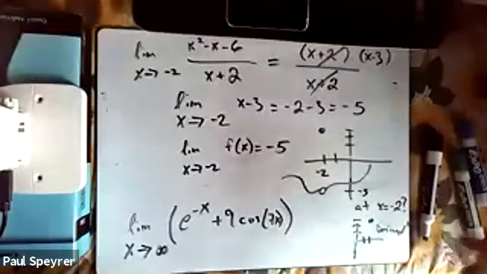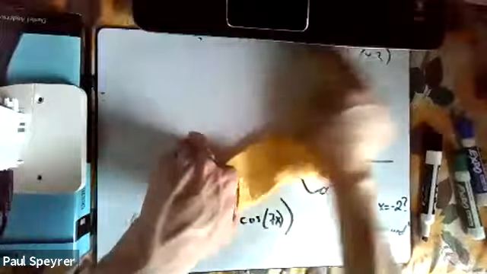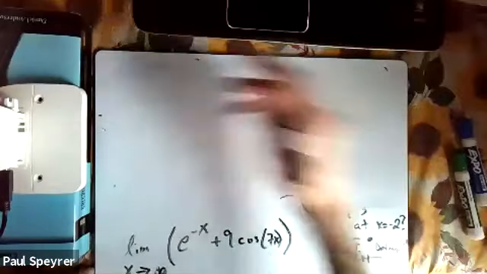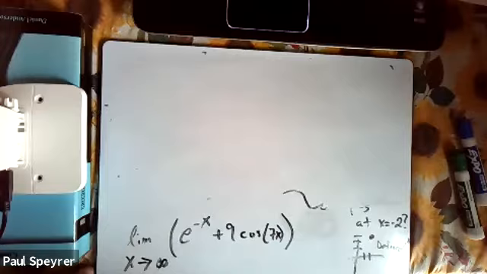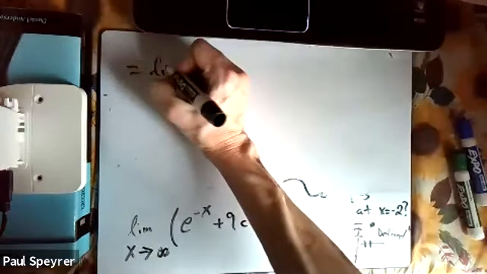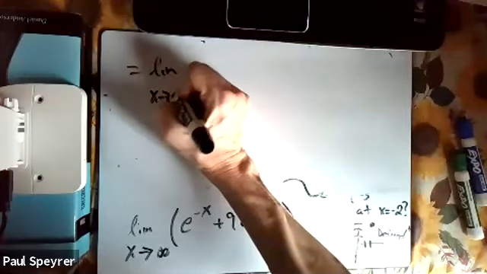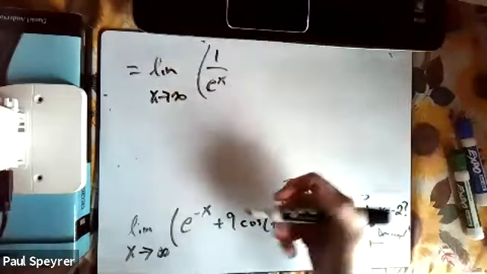So remember, if you have negative exponents, you need to make them positive. So this e to the negative x becomes 1 over e to the x, because we're just flipping and making it positive.